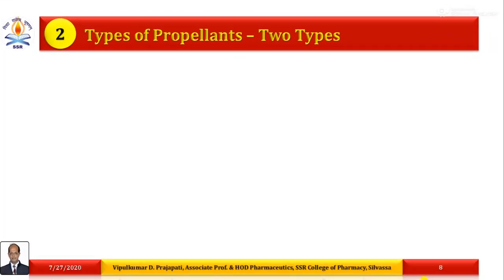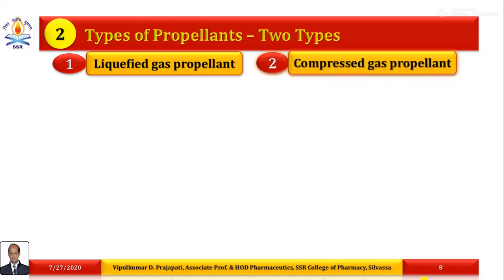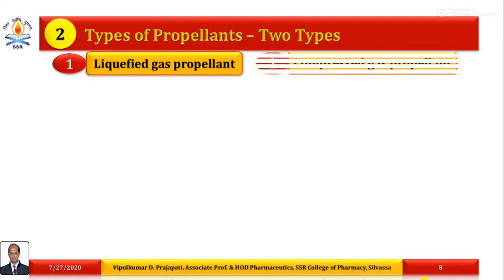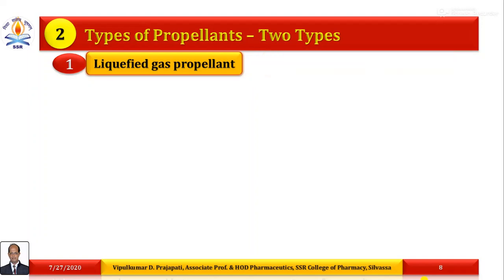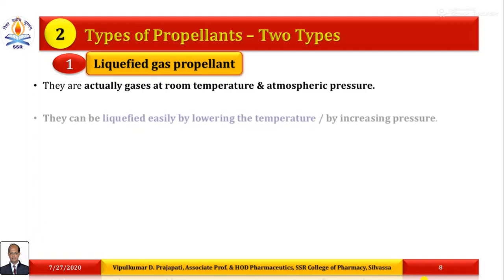What are the different types of propellants? There are two types. One, liquefied gas propellant, and second is known as compressed gas propellant. We discuss first liquefied gas propellant. They are actually gases at room temperature and atmospheric pressure.